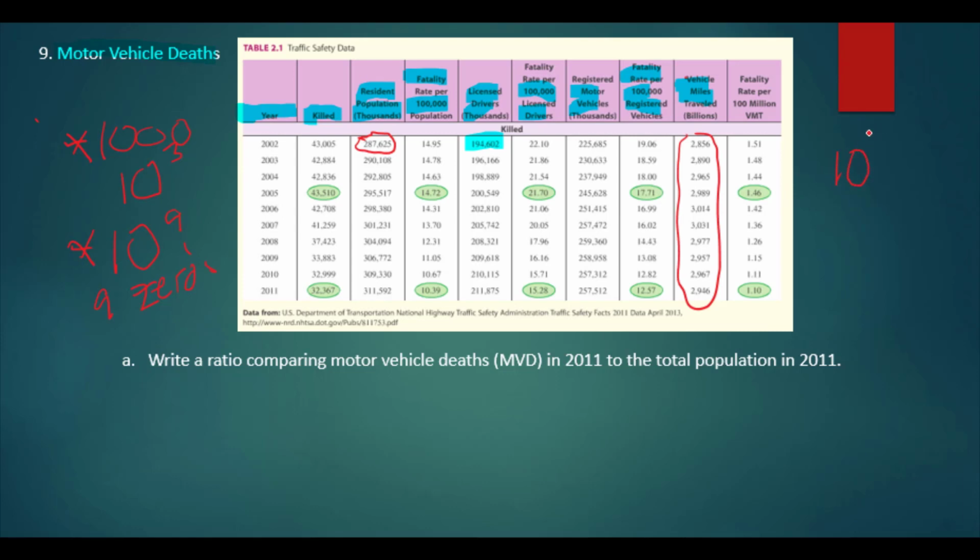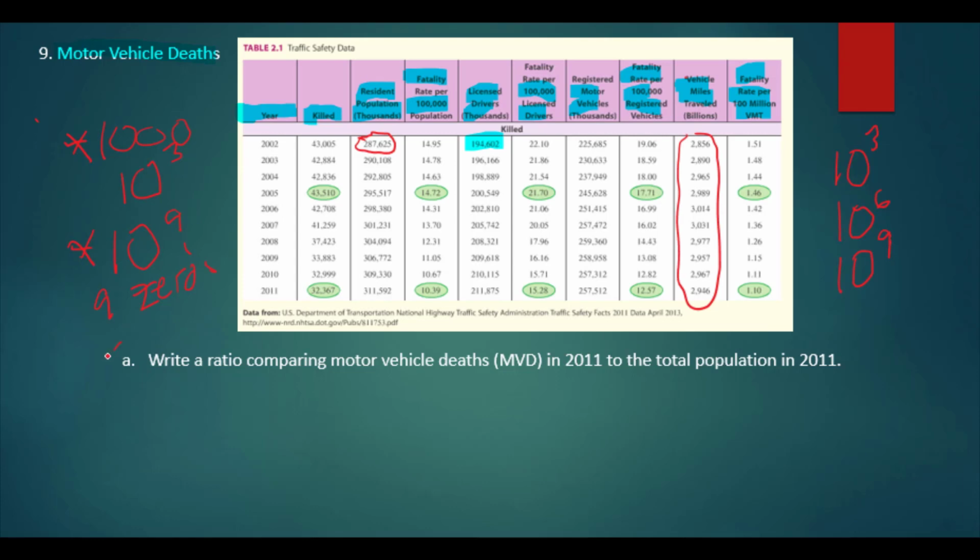It's 10 to the third, multiply by 1,000, add 3 zeros. 10 to the 6th is millions, multiply by 10 to the 6th, you'd be adding 6 zeros. And 10 to the 9th is billions. If you multiply by this, you would add 9 zeros to these. And finally, the fatality rate per 100 million vehicle miles traveled. So they're looking at motor vehicle deaths in many different ways.